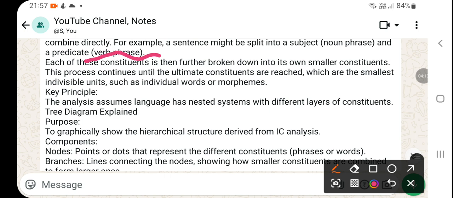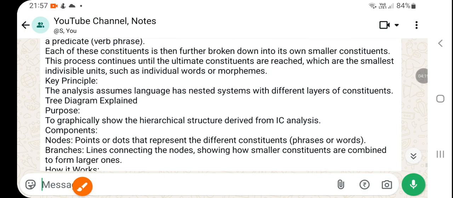Each of these constituents is then further broken down into its own smaller constituents, right? The process continues until the ultimate constituents are reached, which are morphemes.